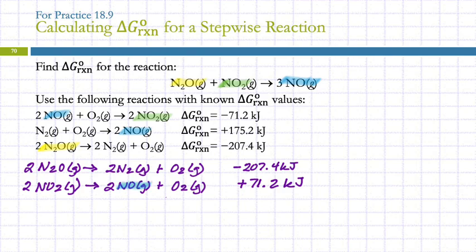Over here, let's go ahead and identify these other guys while we're at it. But the thing is, I need these oxygens to go away. So I need that third equation. So it is written in the correct direction.